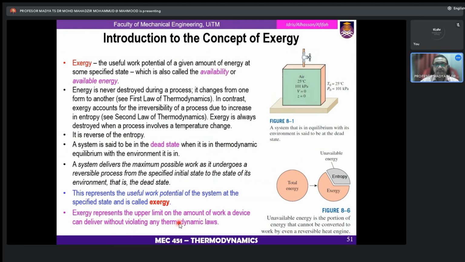That's all for part 3, chapter 4, second law of thermodynamics. If you want to understand more, you have to read it yourself in the books, not based on the notes or slides that I have given.